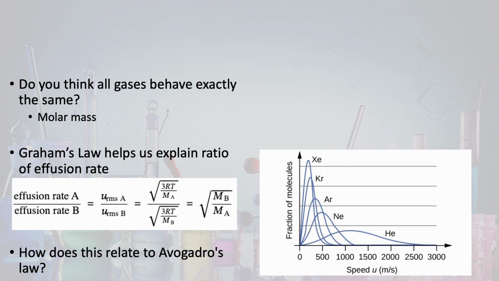So even though they may all be exerting the same force or pressure, their speed is drastically different, right? And if one gas moves on average or root mean square faster than another gas, it will likely effuse at a different rate than another.